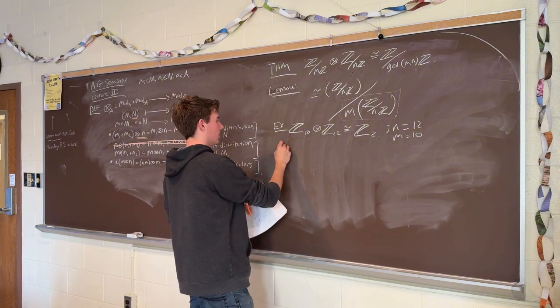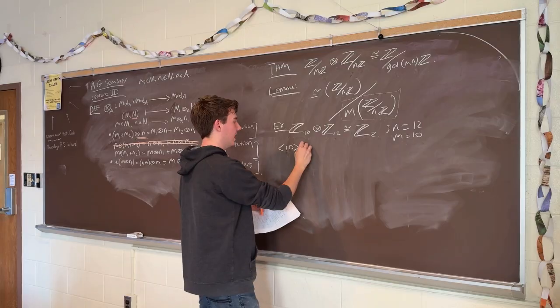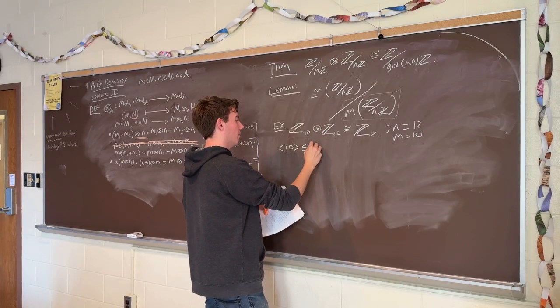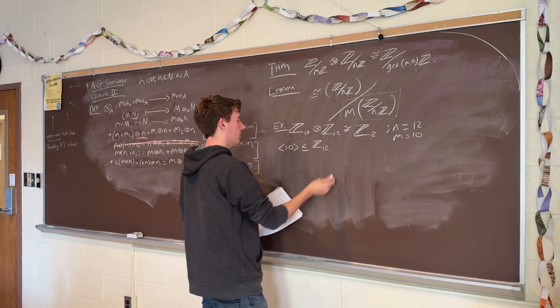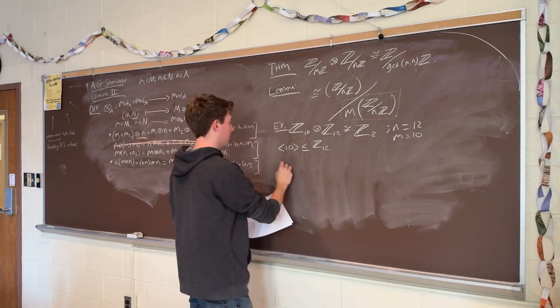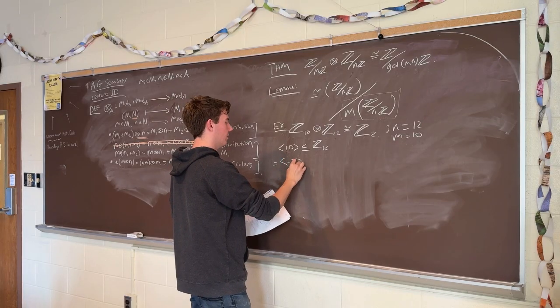So the question is the subgroup generated by 10 of Z12, which is really the same thing as the subgroup generated by -2.